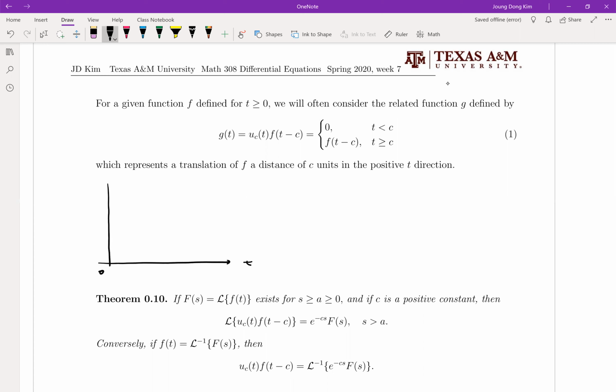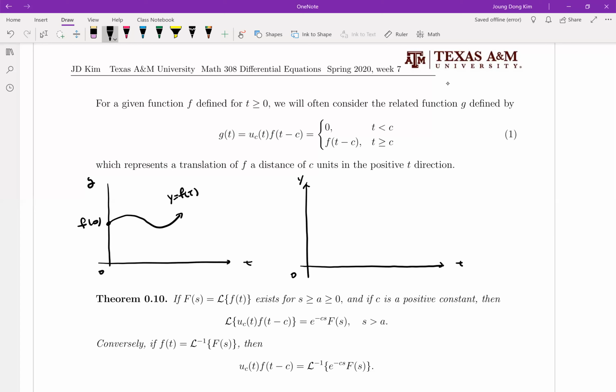From 0, let's say it is f(0), then it is a function. So let's say this is y equal to f(t). Then what about u_c(t) f(t - c)? Here we go.